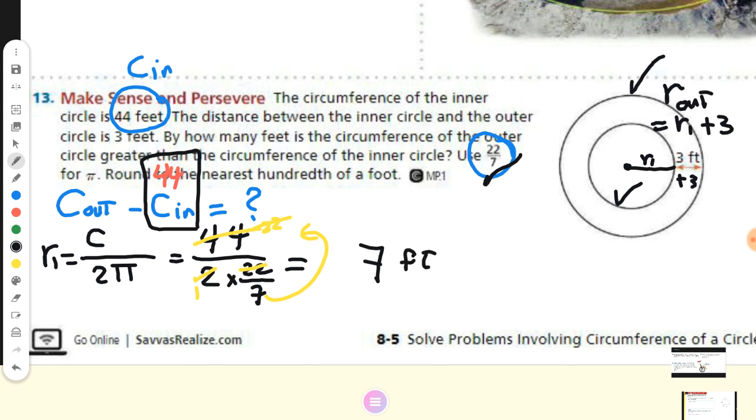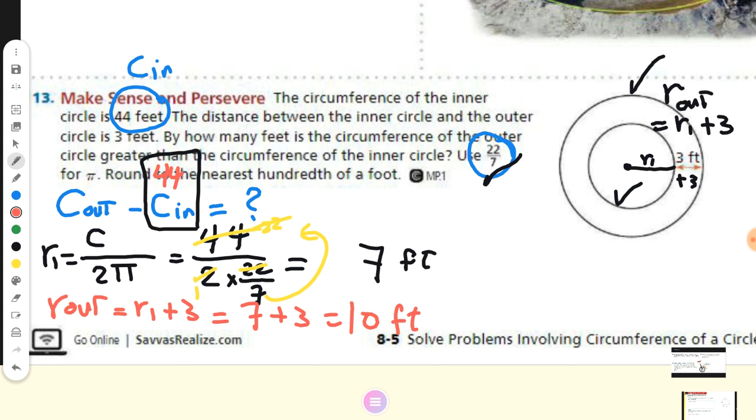This is the radius of the first one. So to find R out, it equals R1 plus 3, which is the distance between the two circles. So it will be 7 plus 3 equals 10 feet. So I found now the radius of the outer circle.